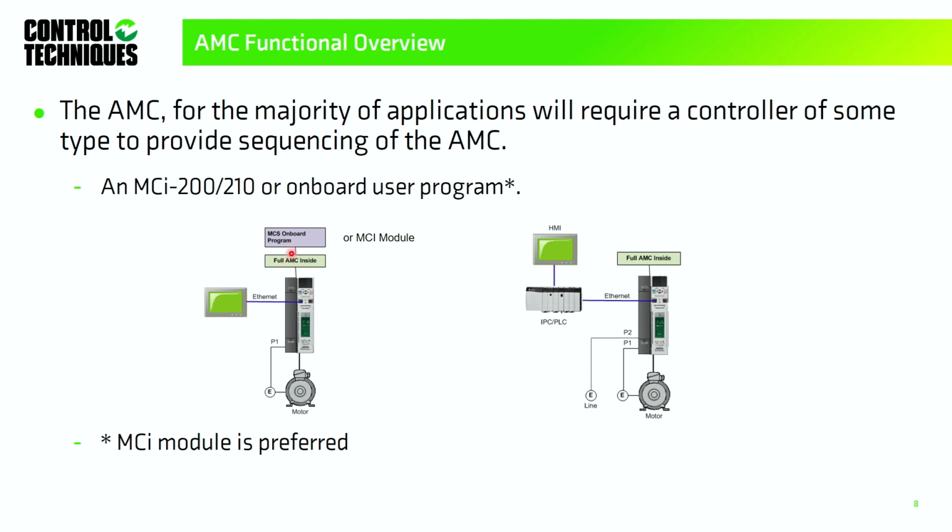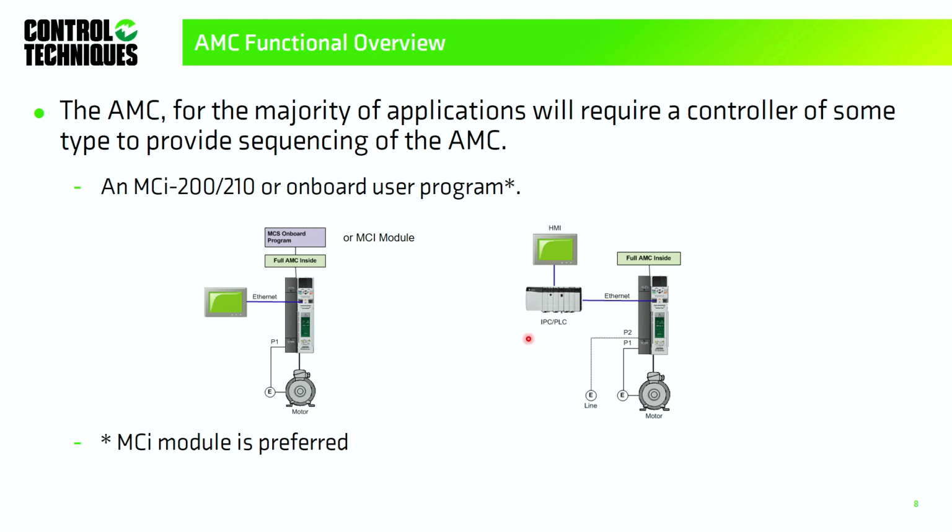I'm going to develop a program for our MCI 210, then use our MCH touchscreen HMI to manipulate the program, and in the end, the AMC itself. So that's option one.